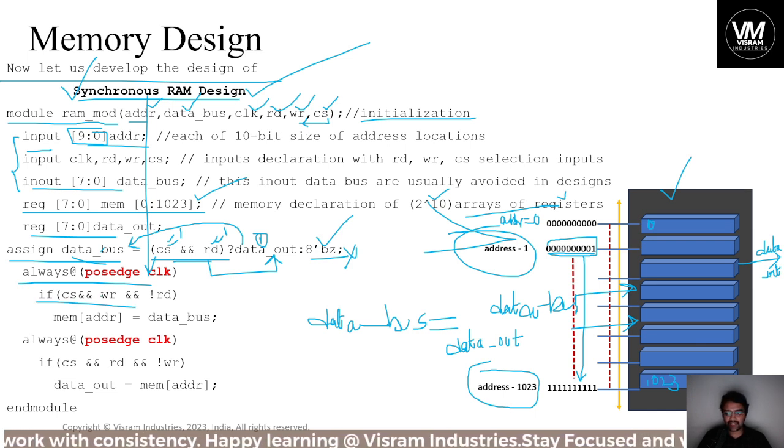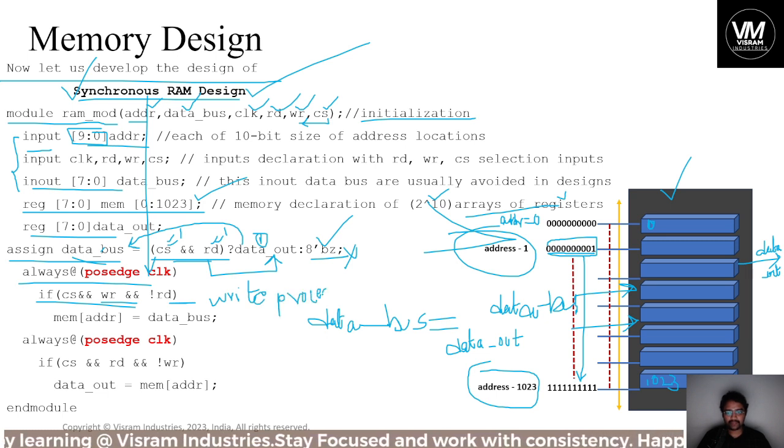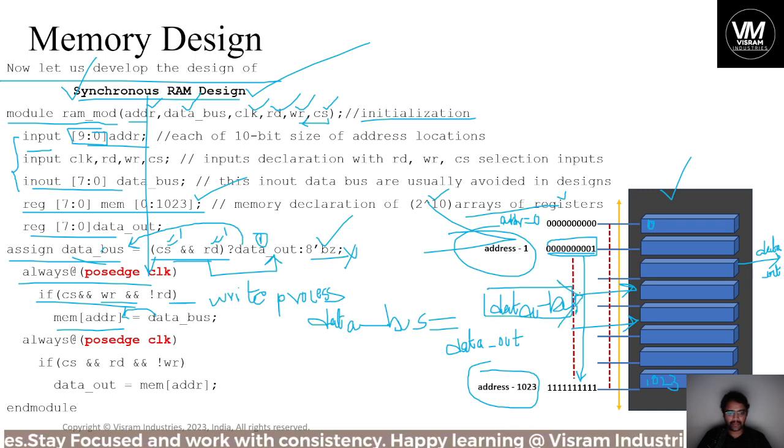If chip select and write and not read, this is the write process. This data bus is sent to the memory address. Which location? From this data bus, the memory location is accessed, and for that mem of address, the data is sent, always at the posedge.